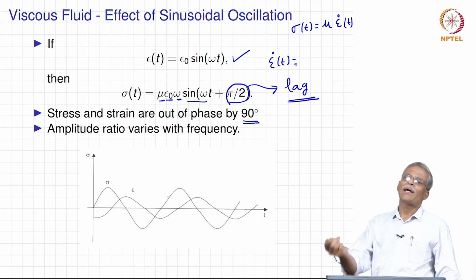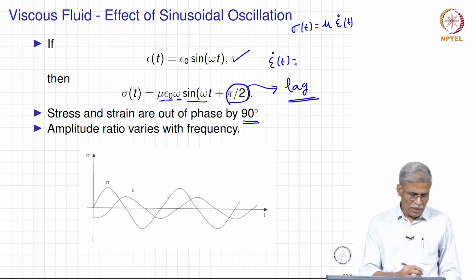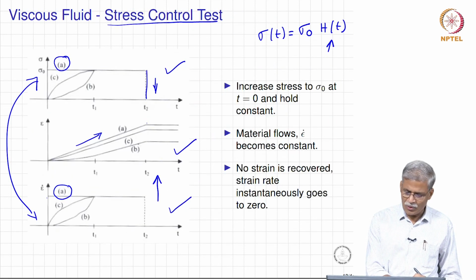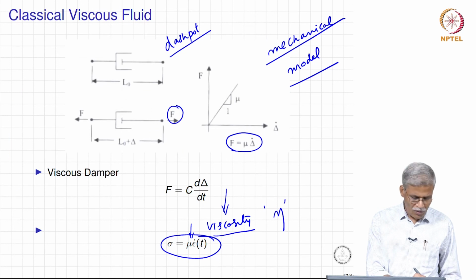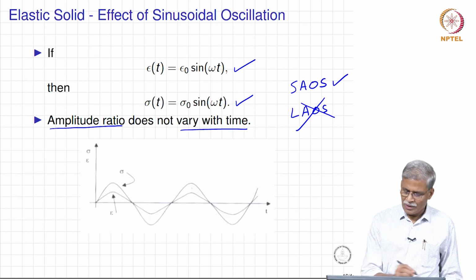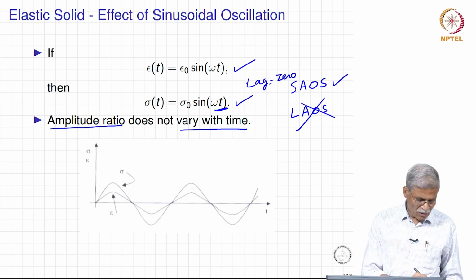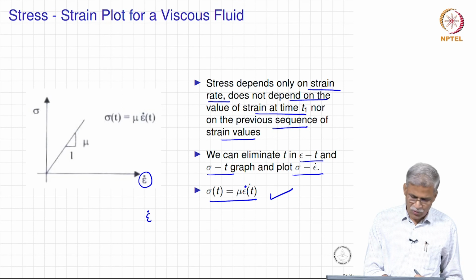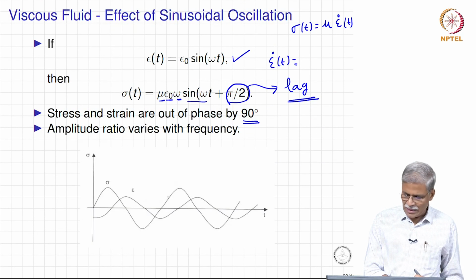Now, what was the lag as far as the elastic solid is concerned? If you recollect this particular expression, you are going to see that the lag was 0, there was nothing here. So, for an elastic solid the lag is 0, whereas for a viscous fluid the lag is 90 degrees.